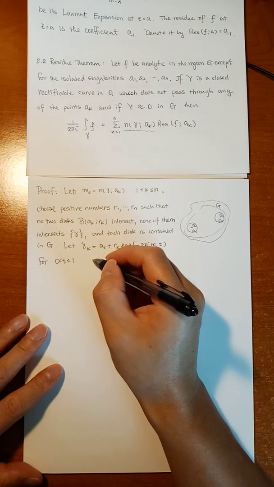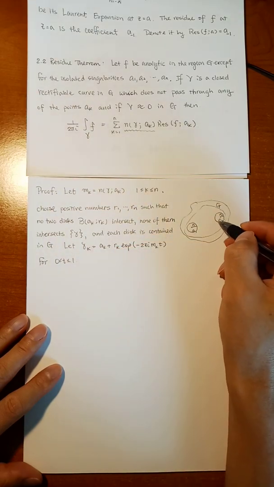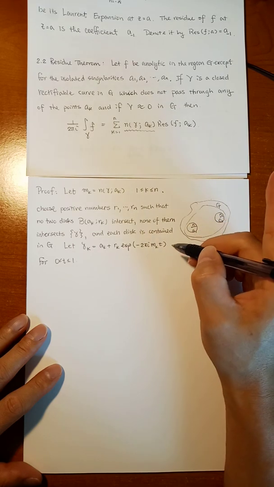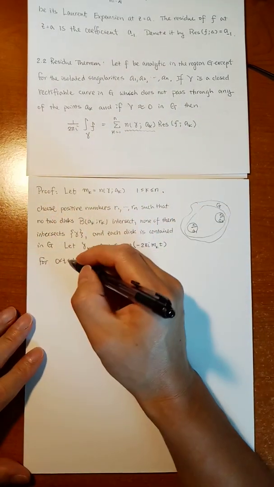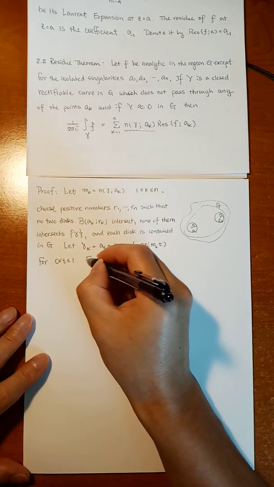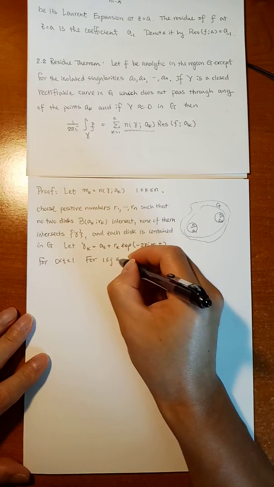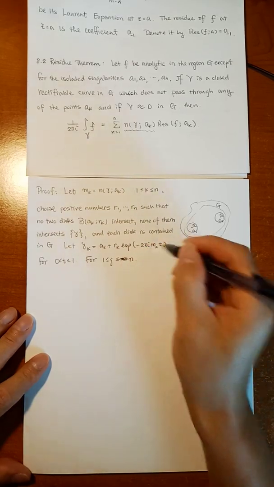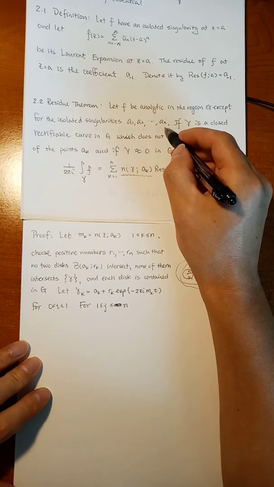Okay, then what we get? Be careful here. The winding number of gamma_2 with respect to a1 is always 0 because they're totally separated. So for j between 1 and n, not m, it's n. There are n singularities.